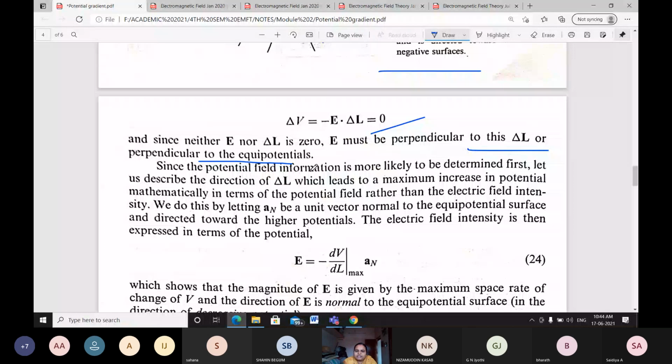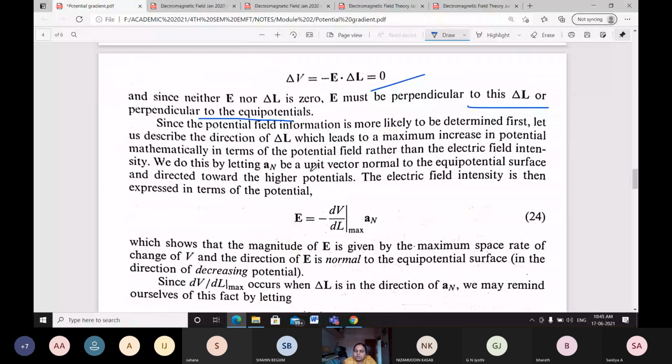Since the potential field information is more likely to be determined first, let us describe the direction of delta L. Now we will consider the direction of delta L which leads to the maximum increase in potential, mathematically in terms of a potential field rather than in terms of electric field intensity.